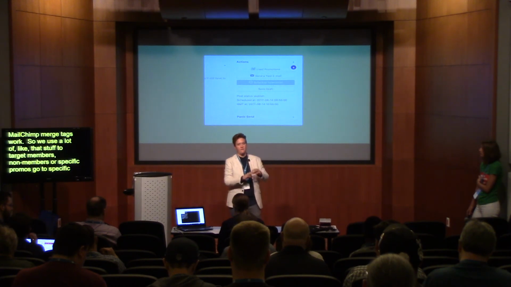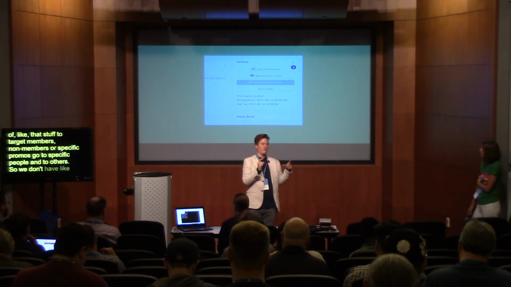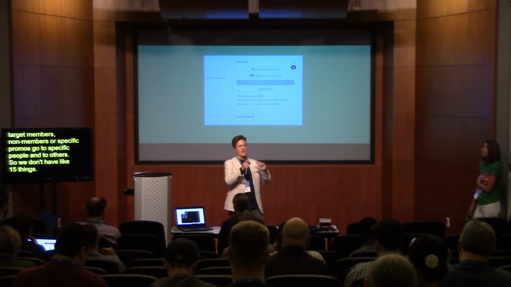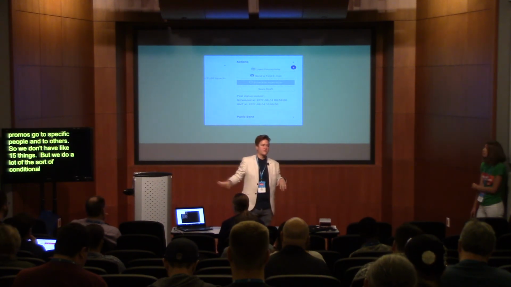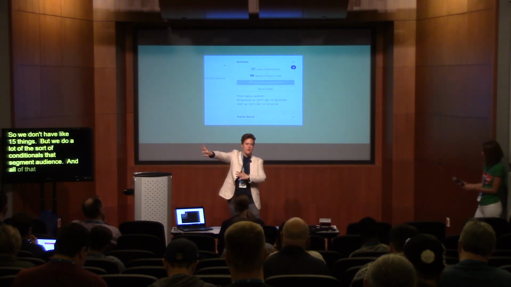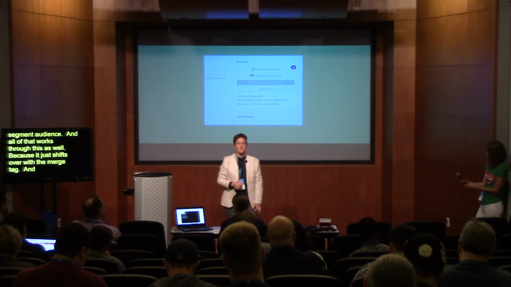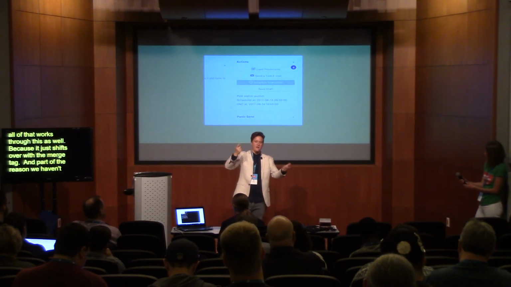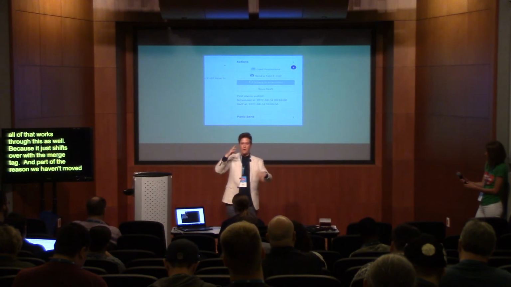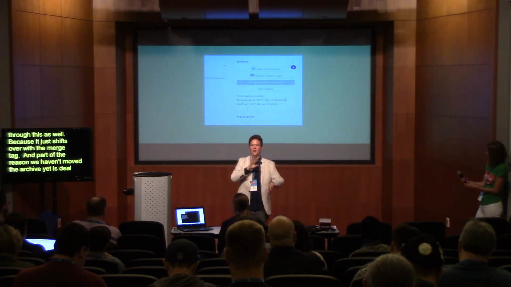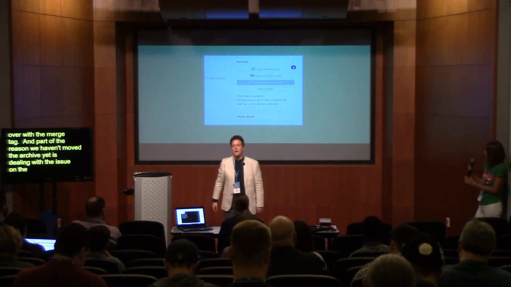We don't have 15 things, but we do a lot of conditionals that segment the audience, and all of that works through this as well, because it just ships over with the merge tag. Part of the reason we haven't moved to archive yet is because dealing with that merge tag issue on the public post side is a question of how we want to make that work, right?